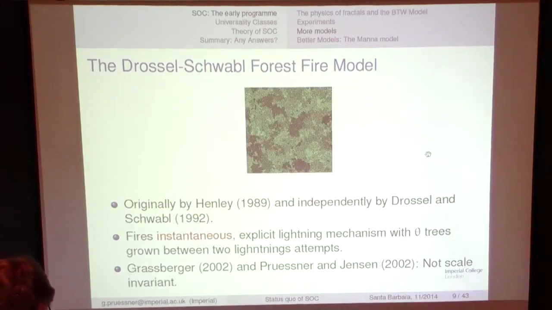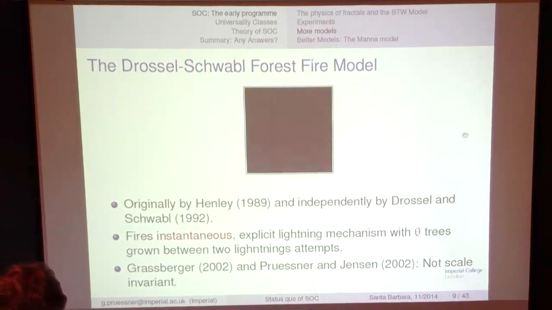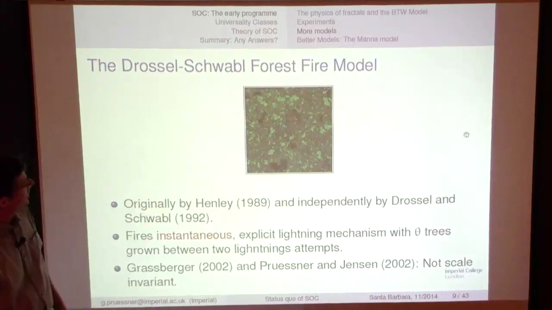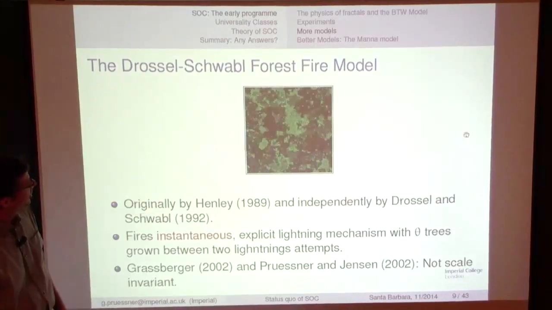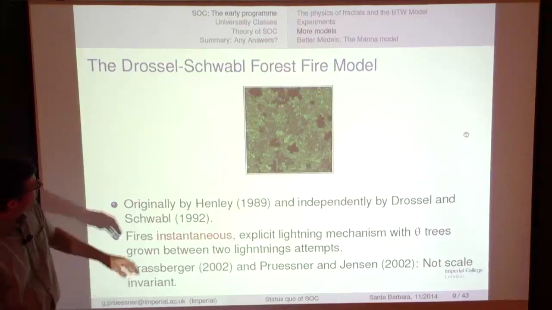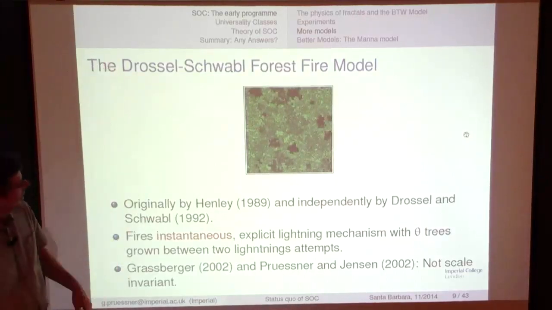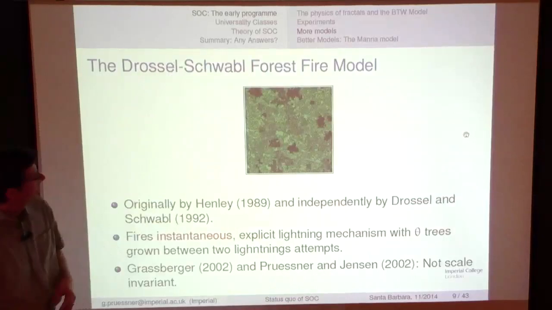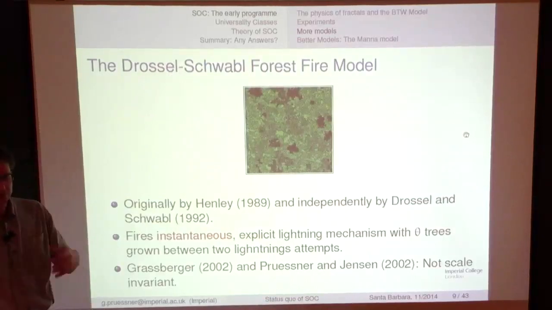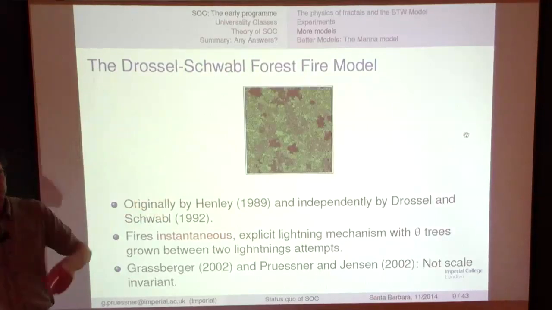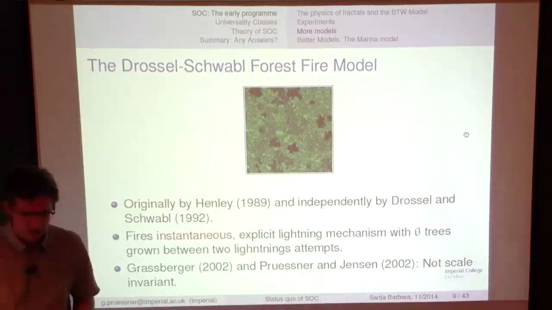Here's the dynamics, a little movie. You can see, this is now mostly growth, and now you get big clusters that get removed. Every now and again you can see these large patches being removed. Obviously it's not homogeneously occupied with a certain density P. It is patchy because trees have been removed in a patchwise fashion.